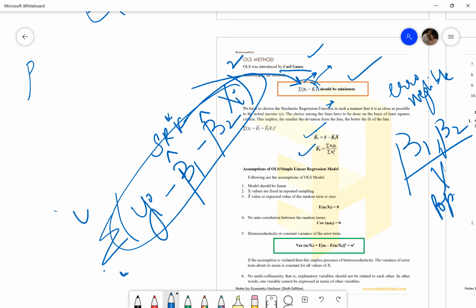So our beta 1 cap is equal to your y mean minus beta 2 cap x mean.